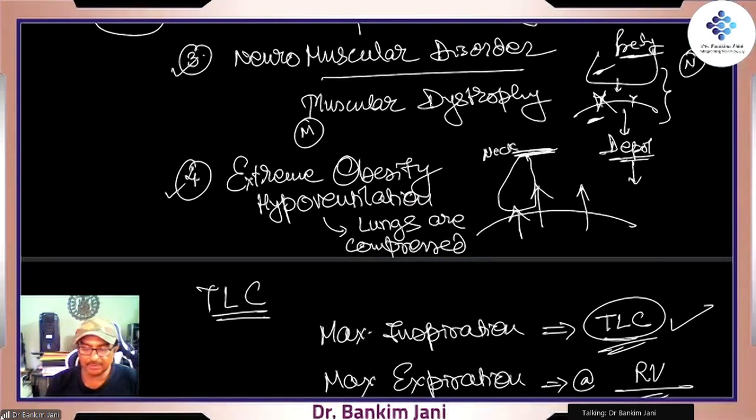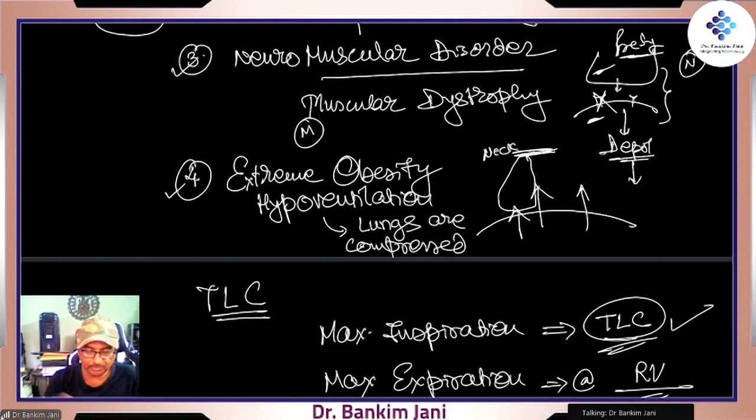That is why extreme obesity leads to hypoventilation, because the lungs are collapsed as the diaphragm goes up. The neck is fixed, and only that much space is there. So the diaphragm is getting pushed, and this poor lung cannot expand further, because below it is loaded with visceral fat. This is what really happens.